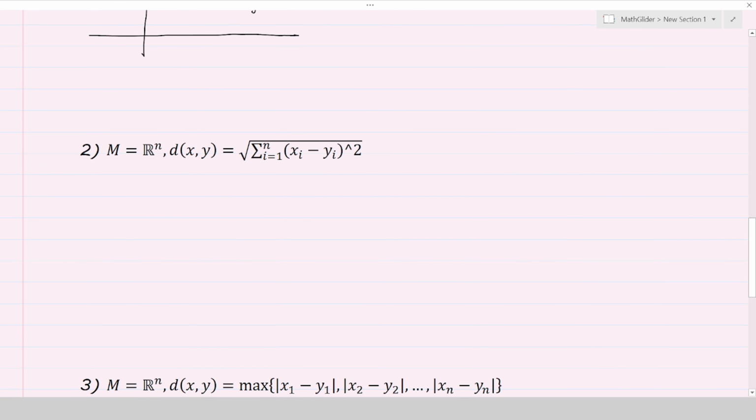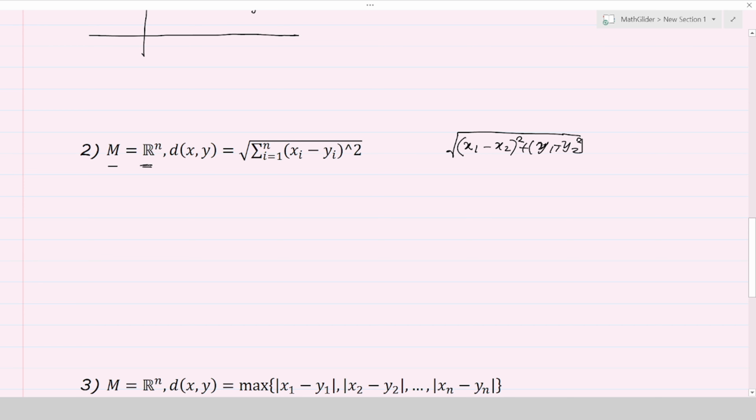The second example we will take is, we will take our set as Rn and we will define the distance to be the Euclidean metric. As we saw in R2, the Euclidean distance was the square root of (x1 minus x2) squared plus (y1 minus y2) squared. Similarly, we are defining a Euclidean distance on Rn space.